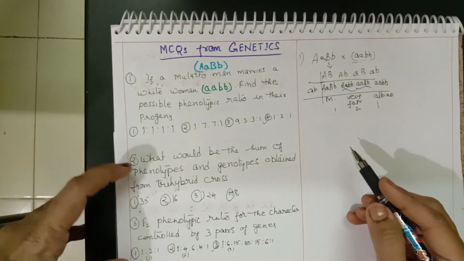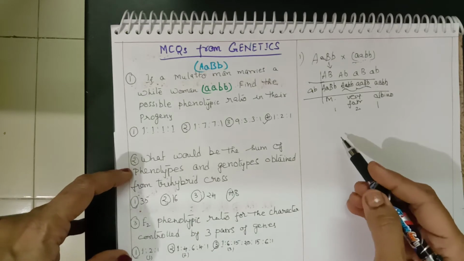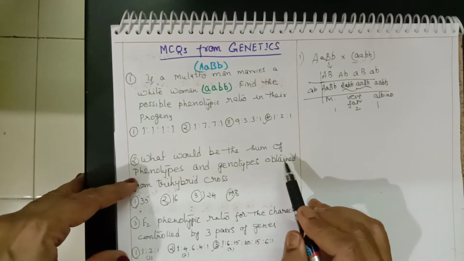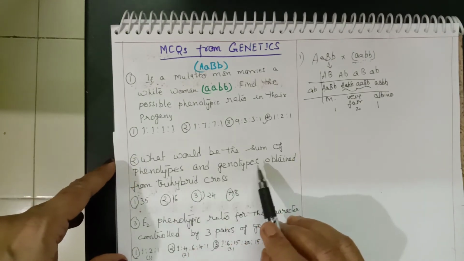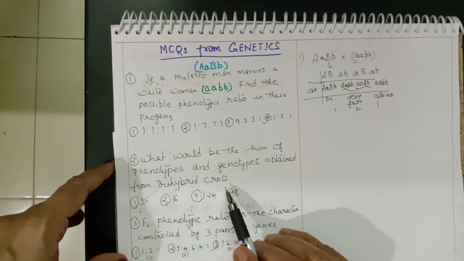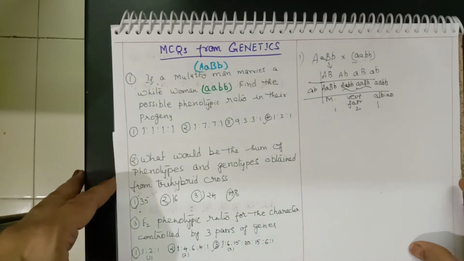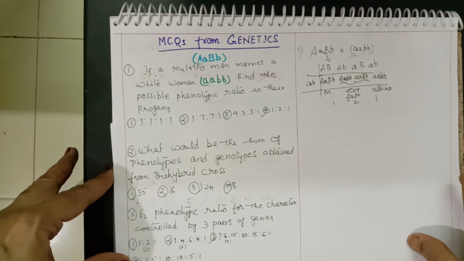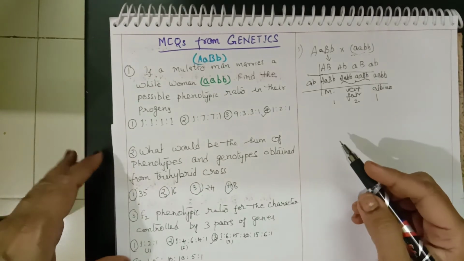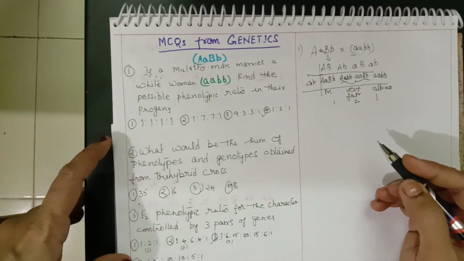Now going to the second one. What would be the sum of phenotypes and genotypes obtained from a trihybrid cross? In a simple way, we can remember, a trihybrid cross is with respect to 3 pairs of genes.